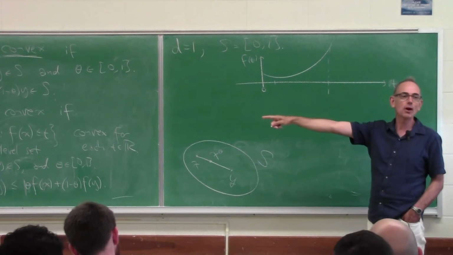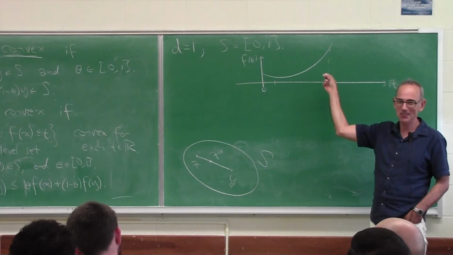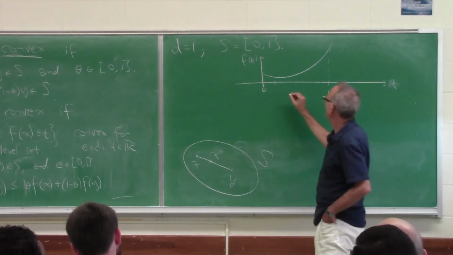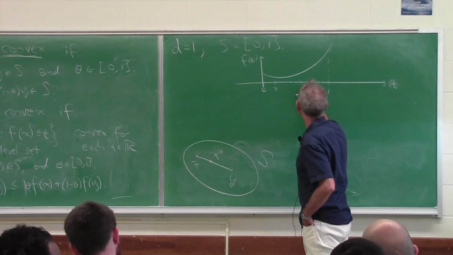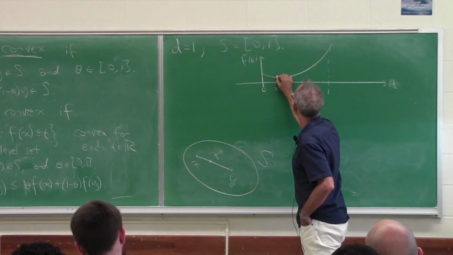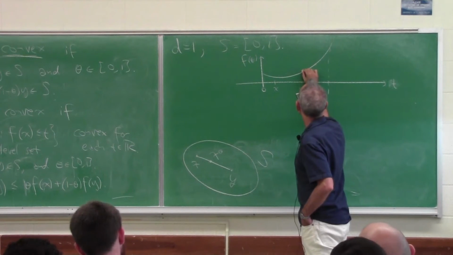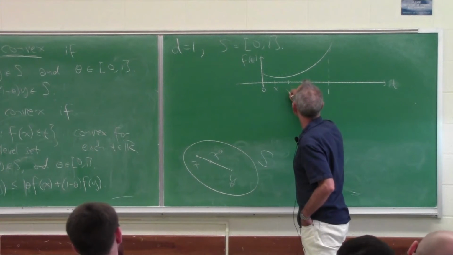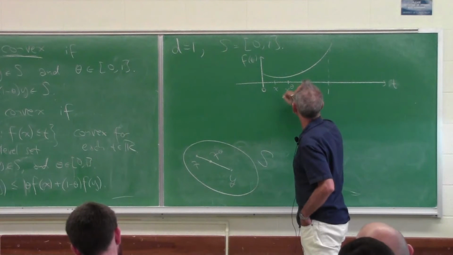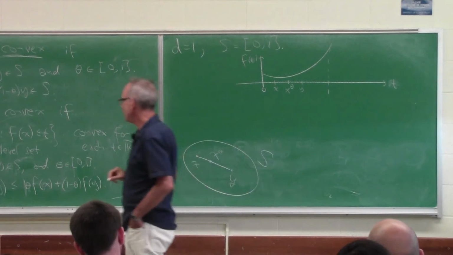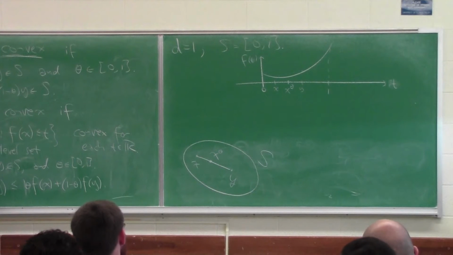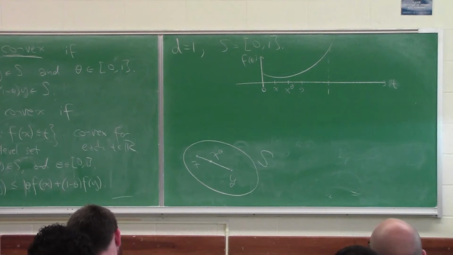I chose x and y to be special there, so I don't want it to be a variable here. So f of t. So I've got an x here and a y here, and I have an x theta in between. So just call that x theta.